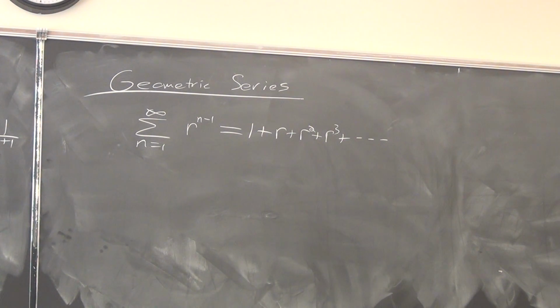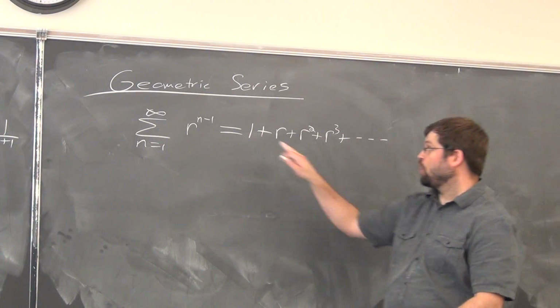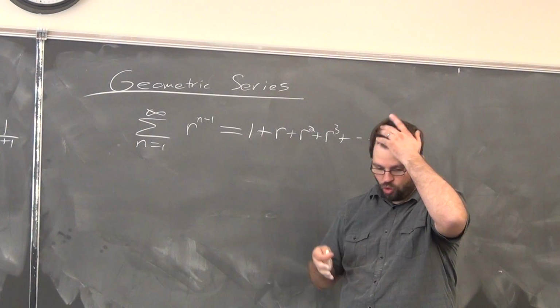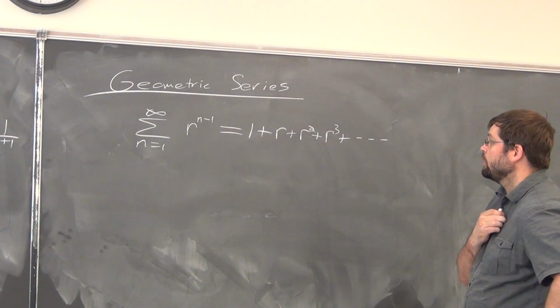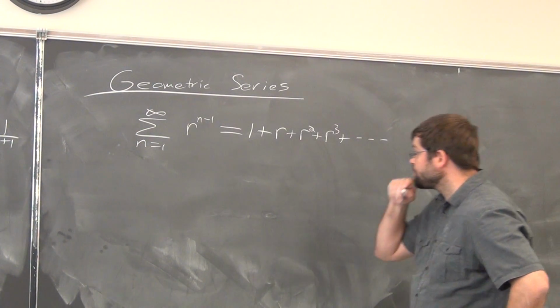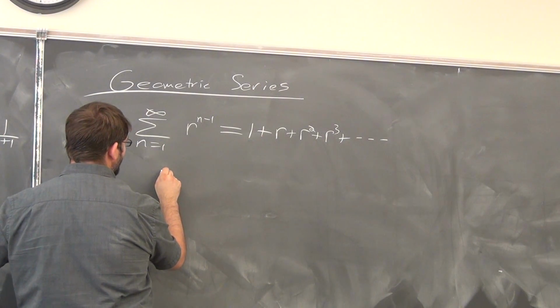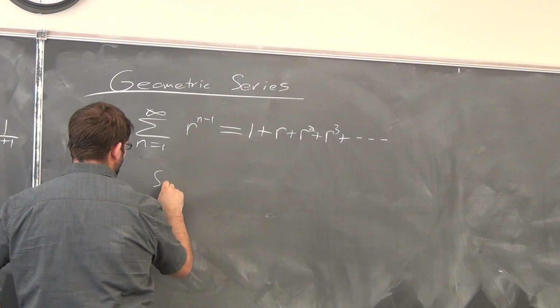Okay? And so the formula we're going to come up with requires us to start here at 1 or to start at whatever. So you'll have to tweak it when it doesn't work out that way, but we'll get to that in a minute. So, let's see. Let's just do this.